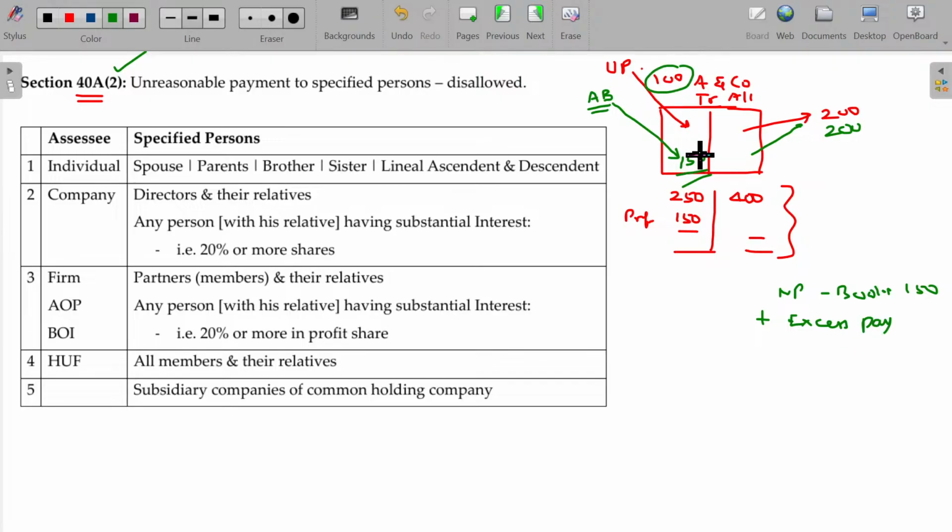So only 100 is eligible, but you are paying 150 to support your brother. By paying more money, your brother is now happy. His profit will be increasing, but it's a cheating like. So automatically the excess payment of 50 rupees will be considered as your income. Automatically 200 will be your taxable income in this case.